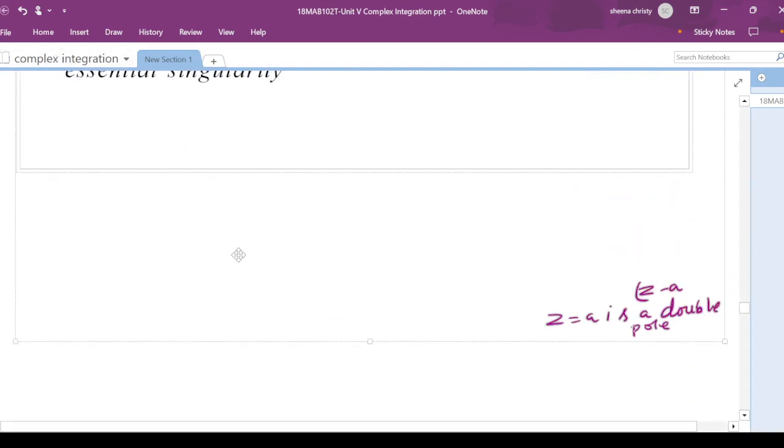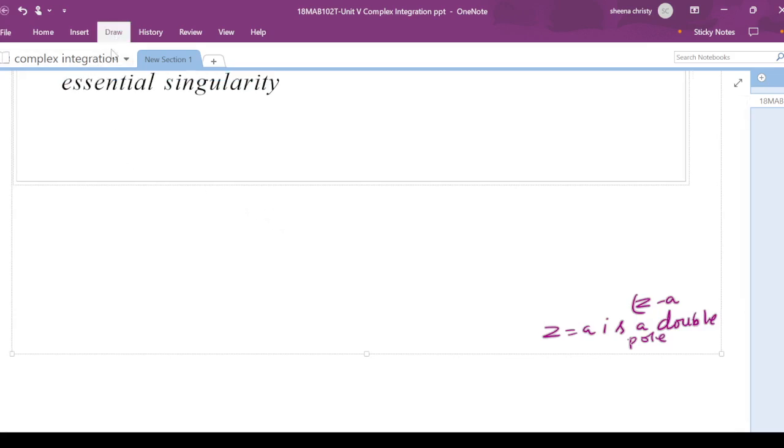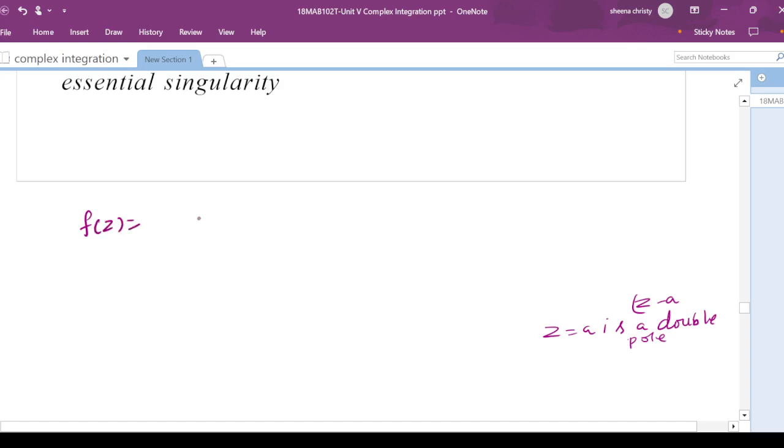Okay, let us take the problem f of z equal to 1 by (z minus a) whole squared into (z minus 5).